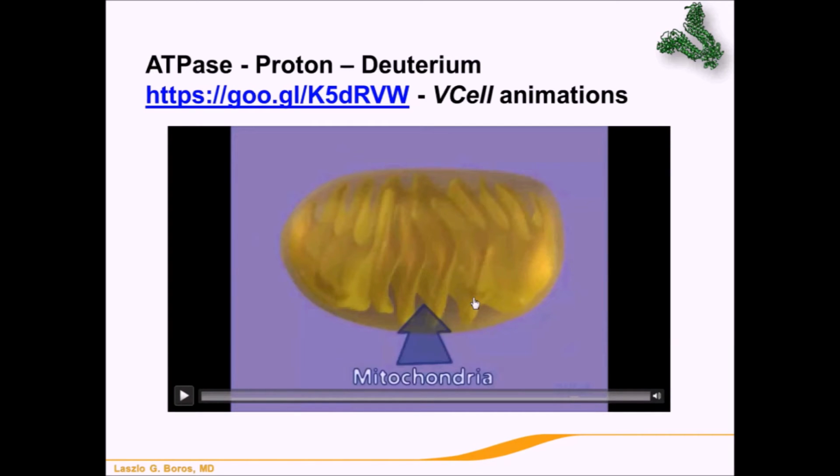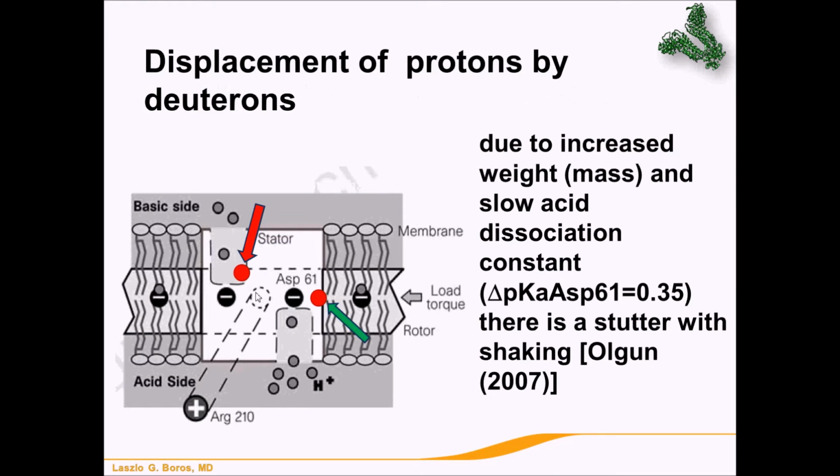And when it comes to mitochondria, deuterium and mitochondria don't go along too well. Deuterium-enriched water or deuterium can break the nanomotor. To explain that, let me go to this scheme. This is the asparagine 61 rotating amino acid residue, and as I told you, the protons attach to it, and then they push around this arginine.